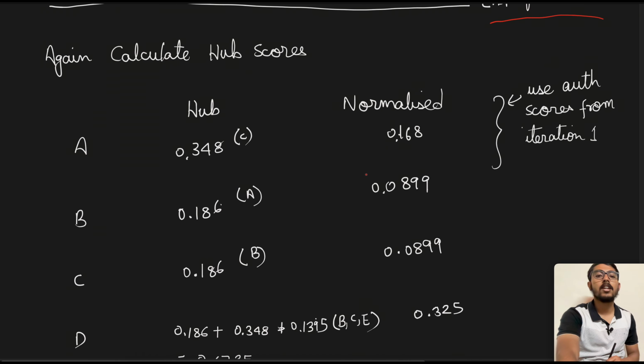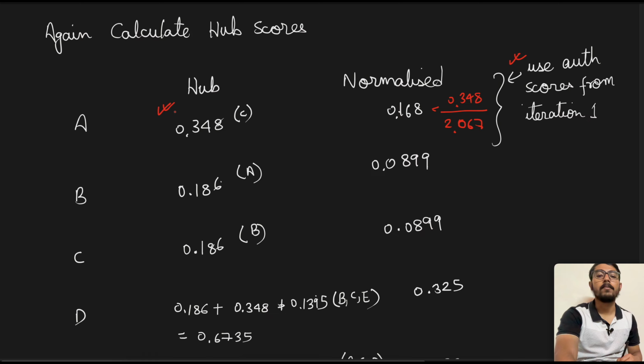So if we just divide it, like this is equal to 0.348 by 2.067, right? So that's how we normalize it. And it's just a side note that we need to use here the normalized authority scores from iteration 1.